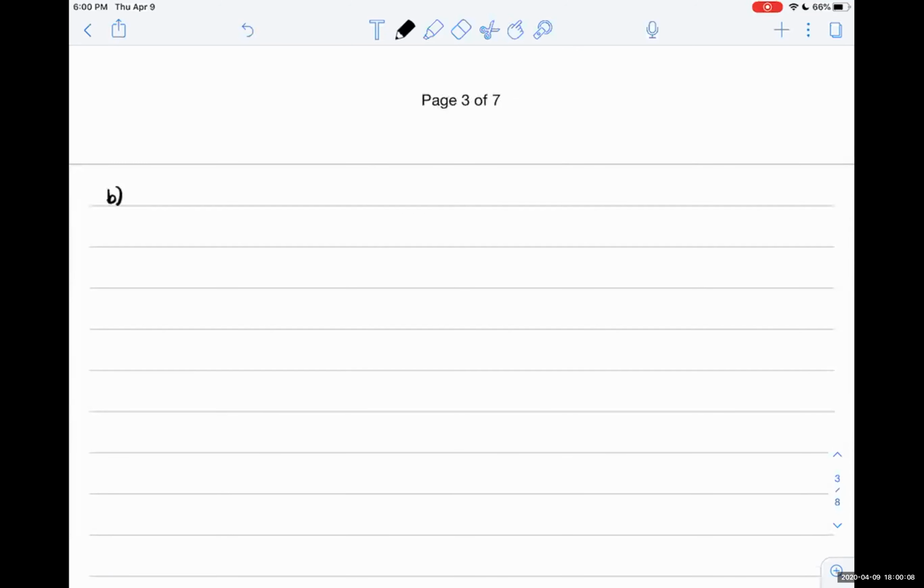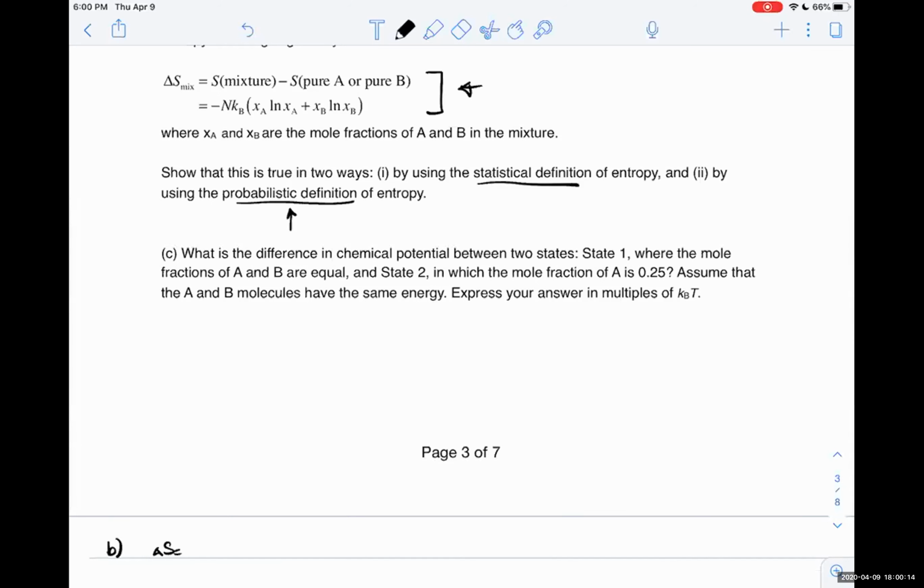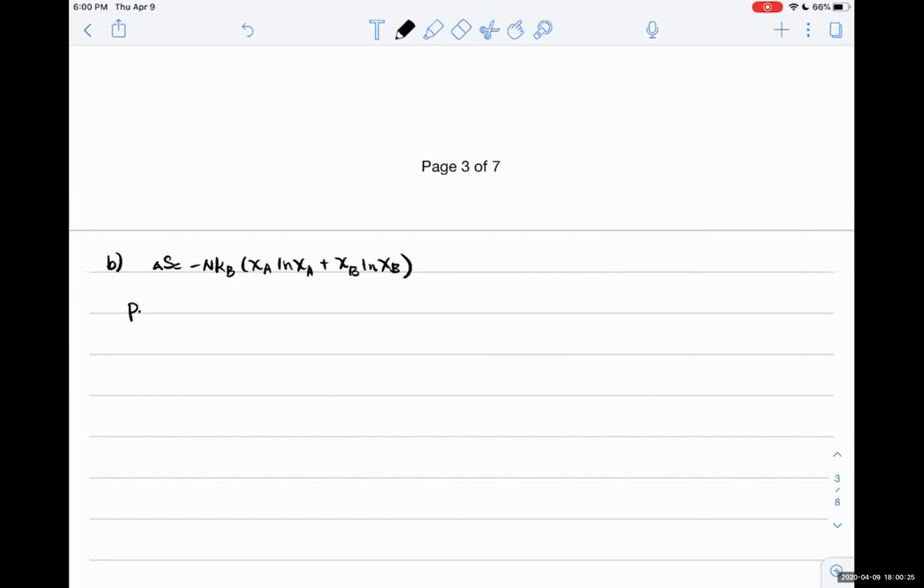In part B, we're given that delta S is given as N kB (xA ln xA plus xB ln xB). And the probabilistic definition of entropy says it is N times minus kB (pA ln pA plus pB ln pB) for this condition. The only difference we see between these two formulas is that on the top we have xA and on the bottom we have pA.